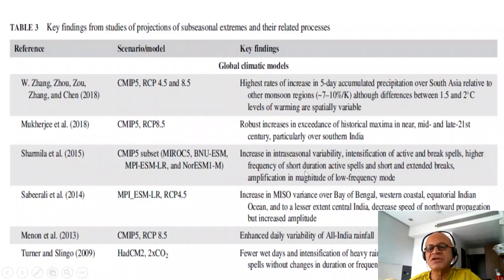Increase in intraseasonal variability, intensification of active and break spells, higher frequency of short duration active spells, and short and extended breaks, amplification in magnitude of low frequency mode. So multiple processes are concluded from this paper that we just looked at, the Sharmila paper.